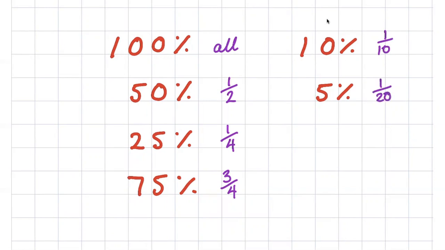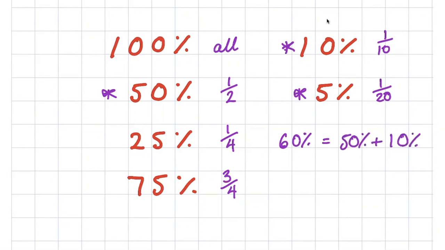Do not put 1/5. So you can see, hopefully, the most important ones, the ones you're definitely going to need today, are going to be this one, and this one, and this one. These are our most important ones, okay? Because we can build percentages by adding together different values. So for example, 60% of a number is the same as finding 50% of that number and adding 10% of that number.